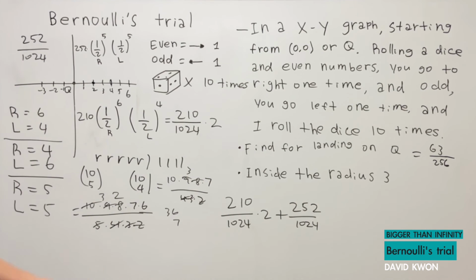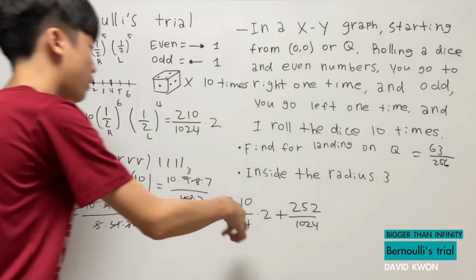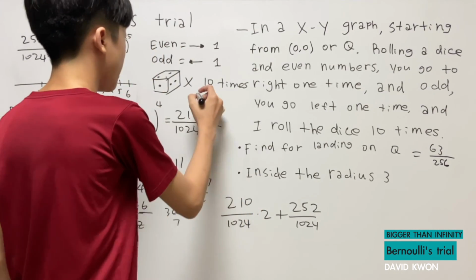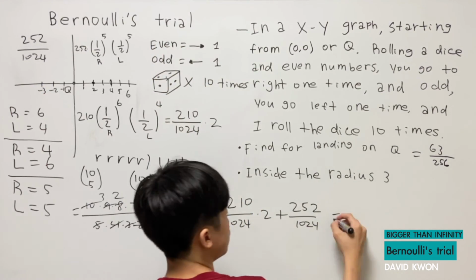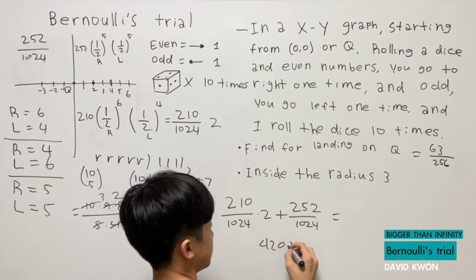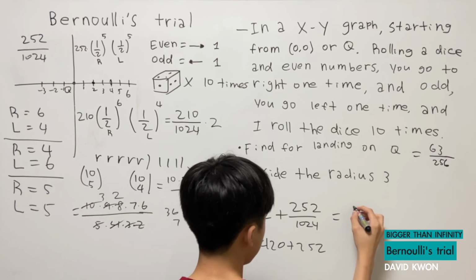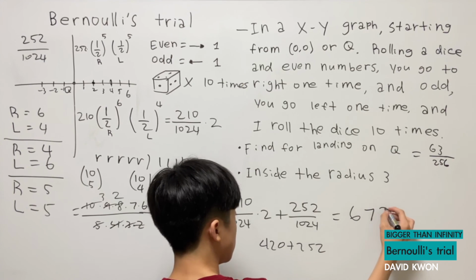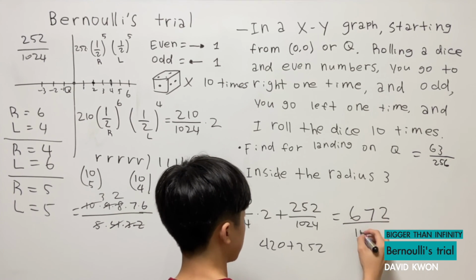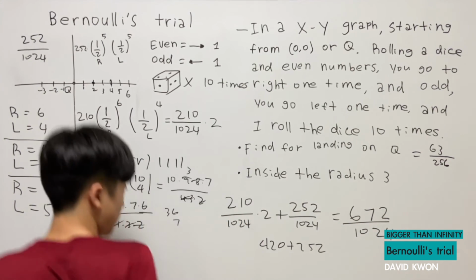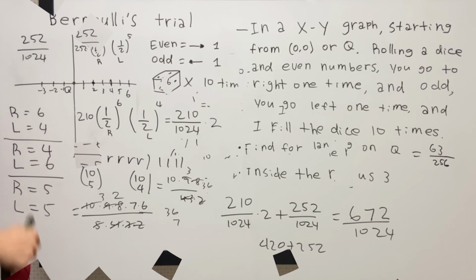And this is all inside radius 3. Right going 6 times and left 4, right going 4 times and left going 6 times, and right going 5 times and left going 5 times. All of this is 420 plus 252, 672 over 1024. You can simplify that, you guys do it.